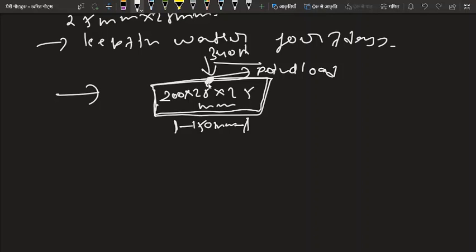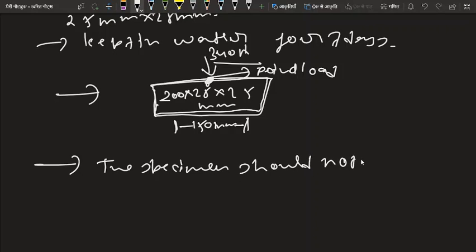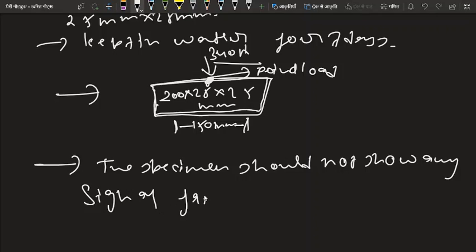When we apply the 340 Newton at the concentrated load, the specimen should not show any sign of failure.